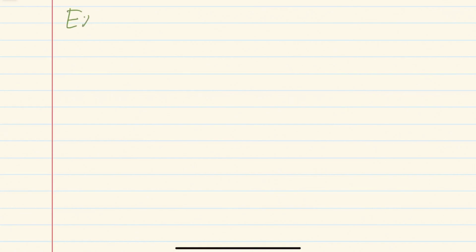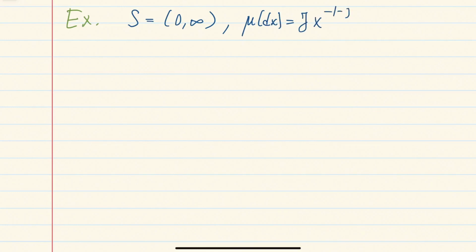Okay, namely, we'll take the space to be a positive half line from 0 to infinity, and let's consider the measure on this half line to be of the following form: some constant zeta x to the minus 1 minus zeta dx, where this parameter zeta will be between 0 and 1.